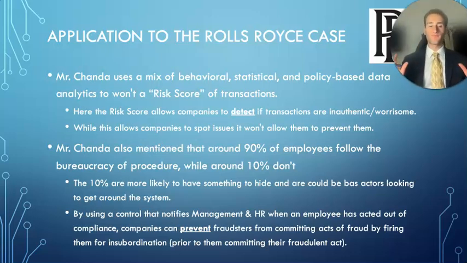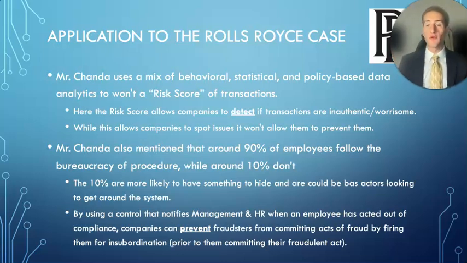By using a risk score, you are able to look at all the transactions that have transpired, and by evaluating them on the risk score, you've slapped a number on them. When a number is particularly high for a risk, a company is able to pluck it out and say, oh, wait a minute, something's not right here. Is this something that is contributing to corruption or bribery?